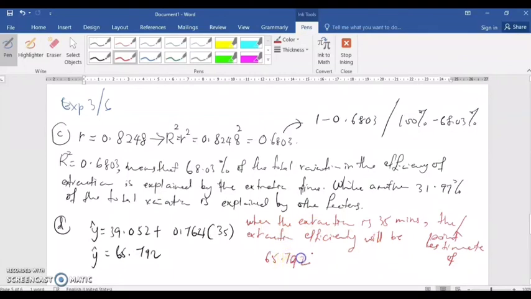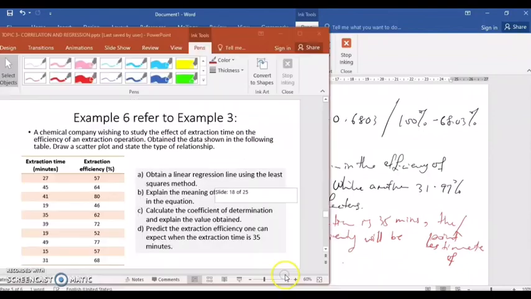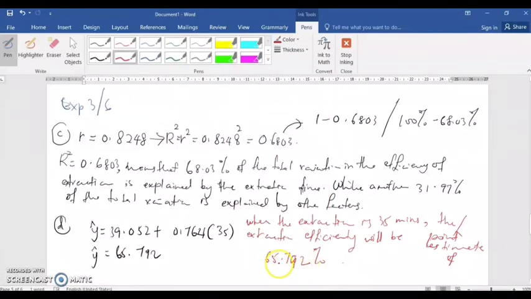Okay, so this one is already in percentage, because the question already gives it in percentage. So that one is in terms of percentage, so 65.792%. Okay, so this one is the last part in terms of explanation.